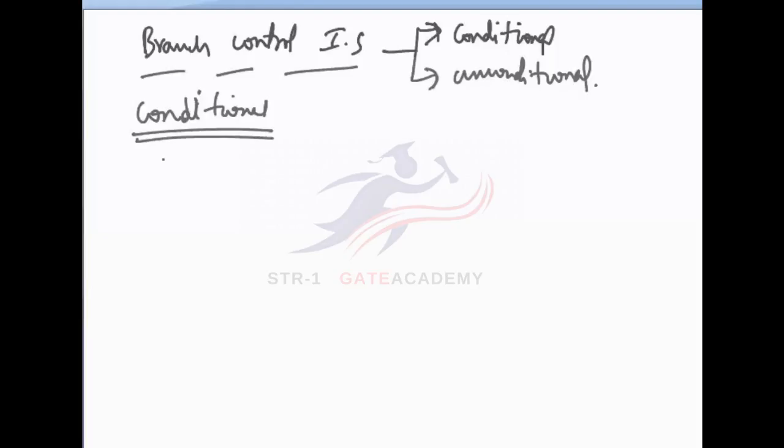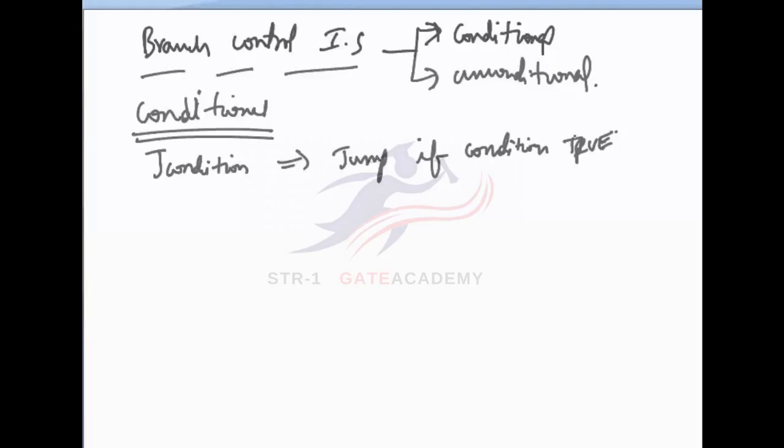For the conditional branch control instruction set, the standard syntax is J condition. Here we have to write a condition. J indicates jump: jump if the condition is true. If the condition is true, then it performs the jumping operation. If the condition is false, it does not perform the jumping operation.